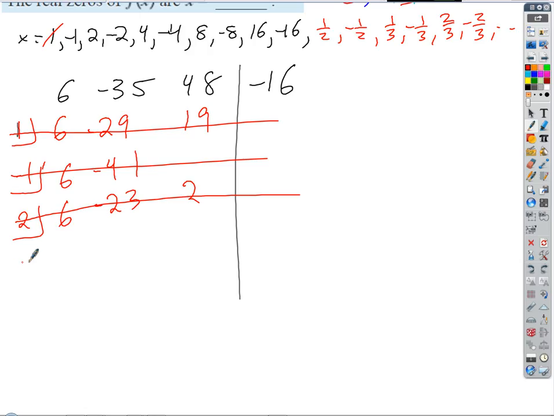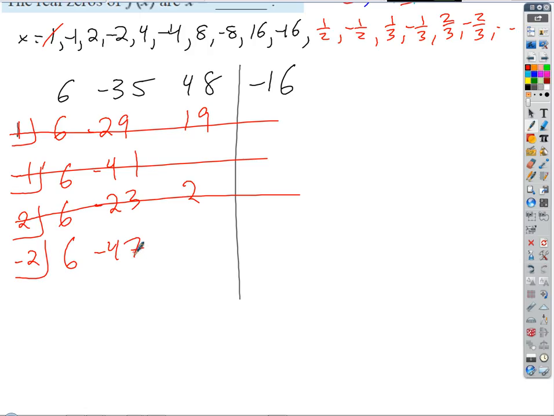Negative 2. I don't think that's going to work either, but we'll try it. Negative 2 times 6 is what? Negative 12. Plus negative 35 is negative 47. That's not going to work.